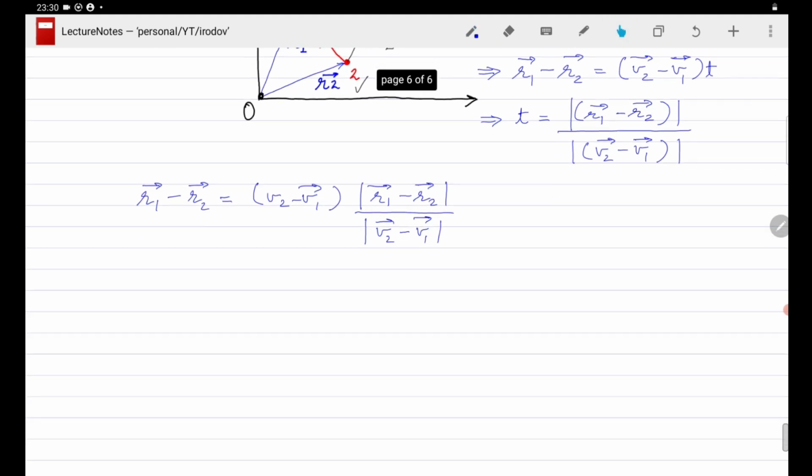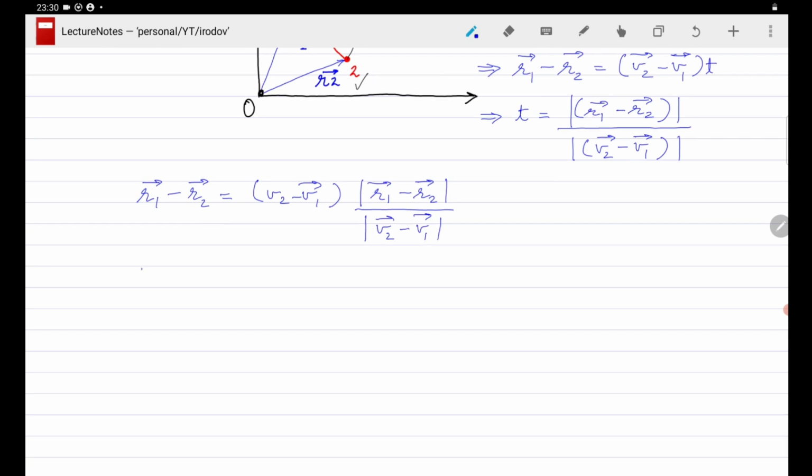Rearranging this equation, we get r1 minus r2 divided by the modulus of r1 minus r2 should be equal to v2 minus v1 divided by the modulus of v2 minus v1.